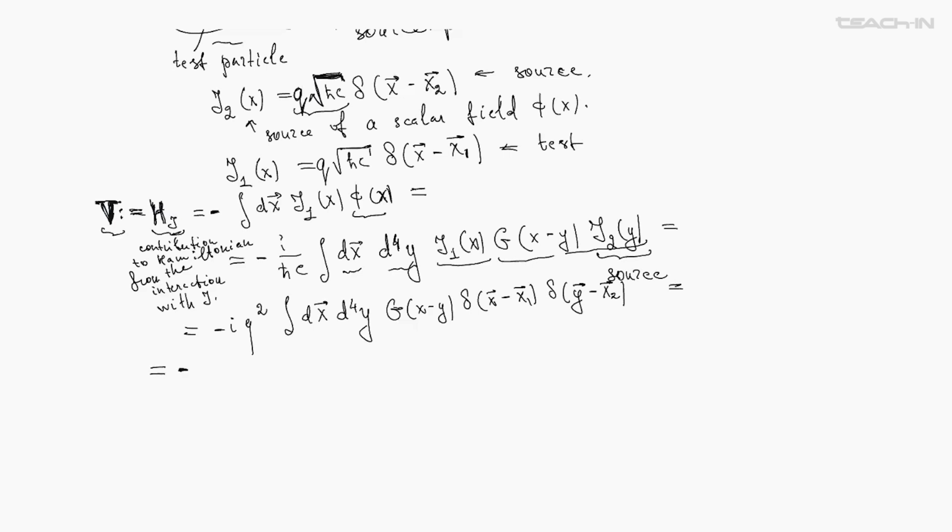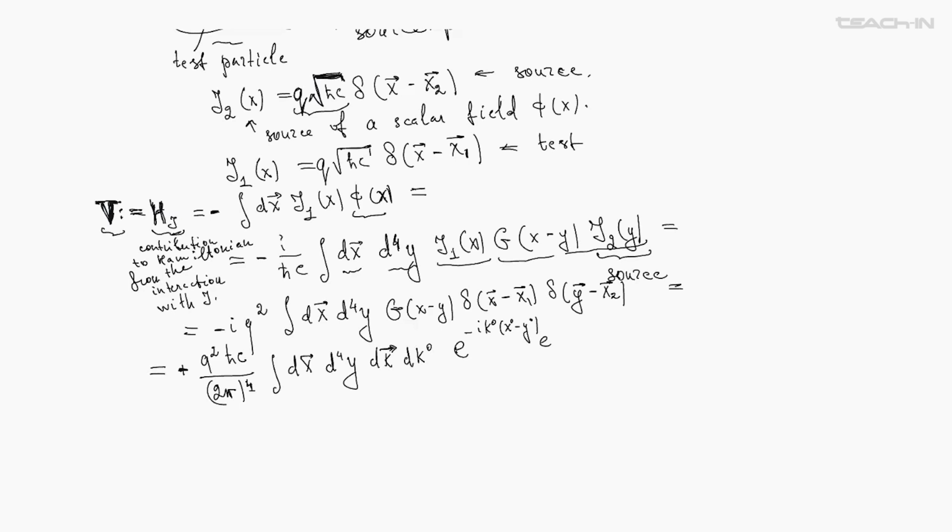So upon substituting G as a Fourier integral, you will have the following: plus q squared h bar c divided by (2 pi) to the power of 4, and then there is an integral dx dy, and now I substitute d k0 d^3k, a 4-dimensional integral, and then the Fourier form of this Feynman propagator, exponential of minus i k0 (x0 minus y0), exponential of i k (x minus y).